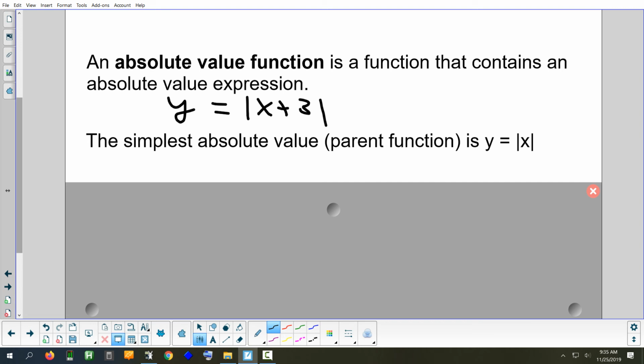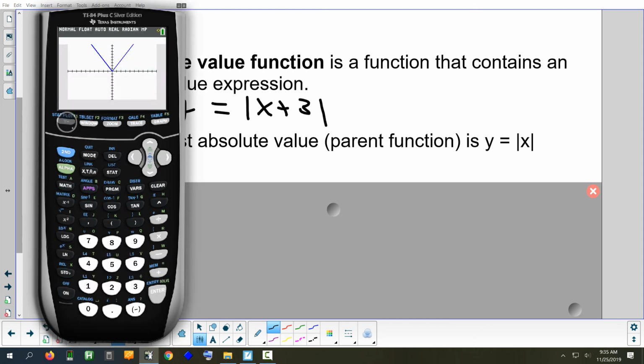All you've got is y equals absolute value of x. That's the first one I showed you guys. Nothing fancy, no other numbers.